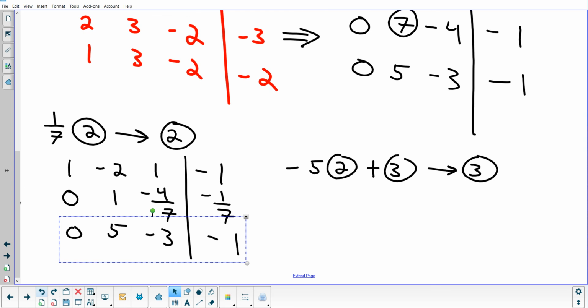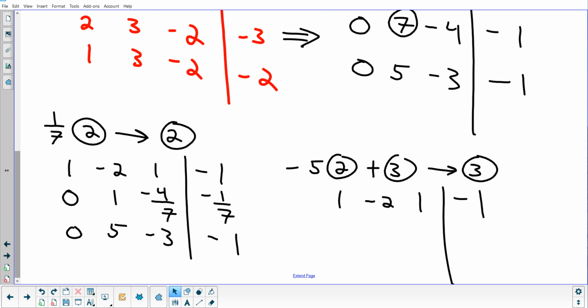Okay, so which two rows are not changing this time? 1 and 2. Let's copy those over. 1, negative 2, 1, negative 1. 0, 1, negative 4 sevenths, negative 1 seventh.